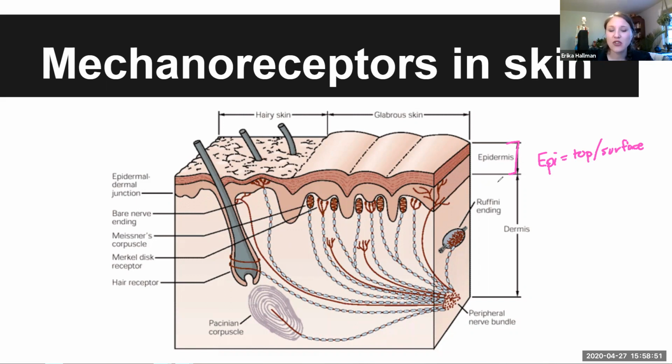You can see this picture, a cross section dividing somebody's skin. Beneath the epidermis is just the plain dermis, and this is where the majority of our mechanoreceptors are going to be. The thing that's not mentioned here that we do talk about some other times in this class is that the layer of skin beneath this picture is called the hypodermis. This might sound familiar if you've ever heard the term hypodermic needle.